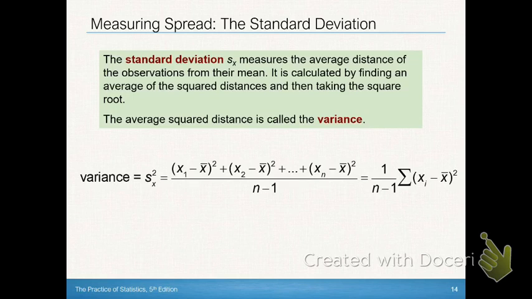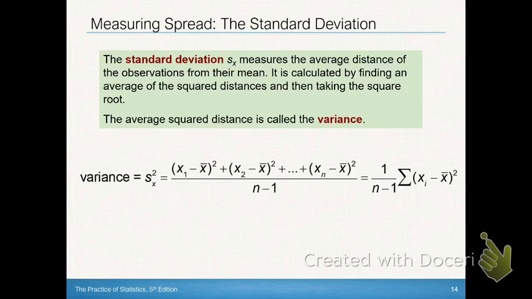So essentially, here is what we've done. We have taken each individual value, subtracted the mean from it, squared it, added that up, and then divided by n minus 1. The n minus 1 is just because we're taking into account that we're estimating a little bit.